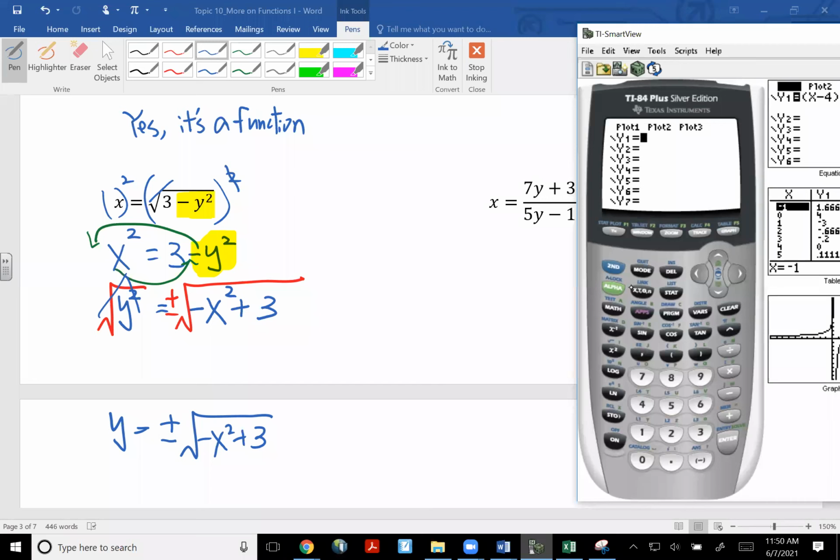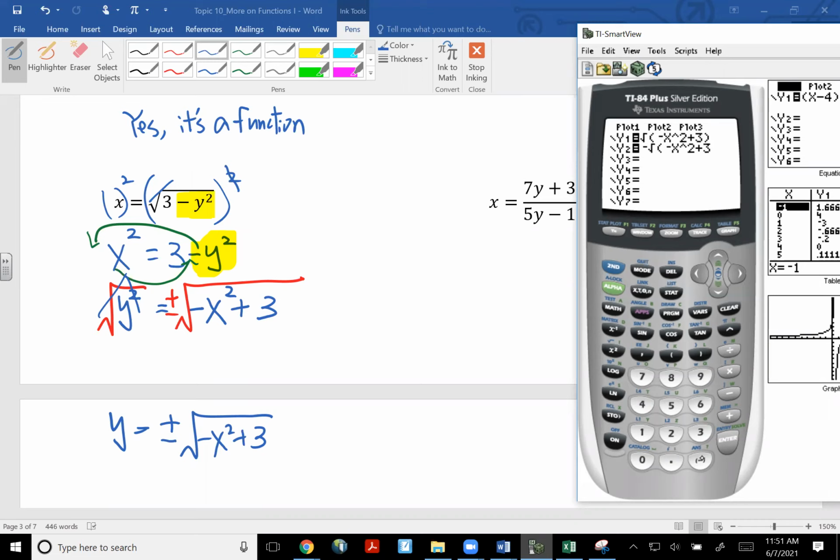If you put both of them in the calculator, you have to view this graph as a single graph. So y1 is equal to positive square root of negative x squared plus 3. I'm gonna go down to y2 and type in negative square root of negative x squared plus 3.